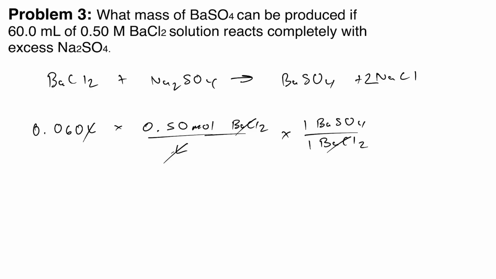And now from here, since we want the mass, we're going to multiply by the molar mass of BaSO4, which is 233.39 grams per mole. And our final answer here is 7.00 grams of BaSO4.